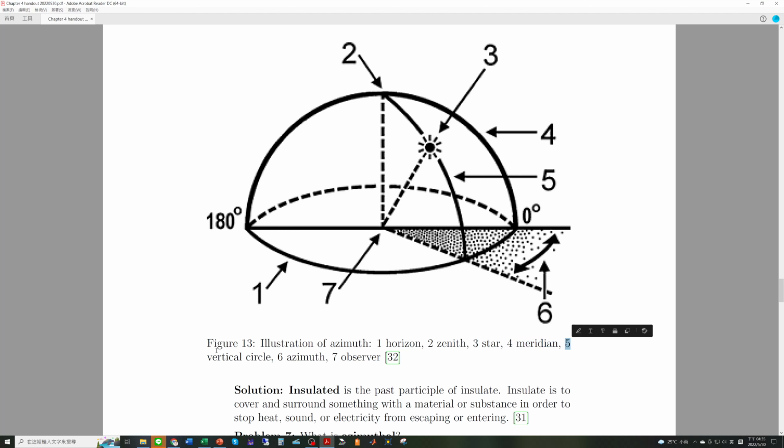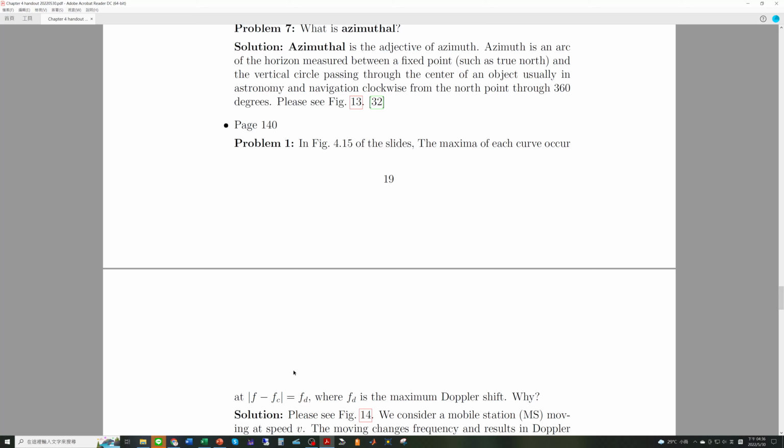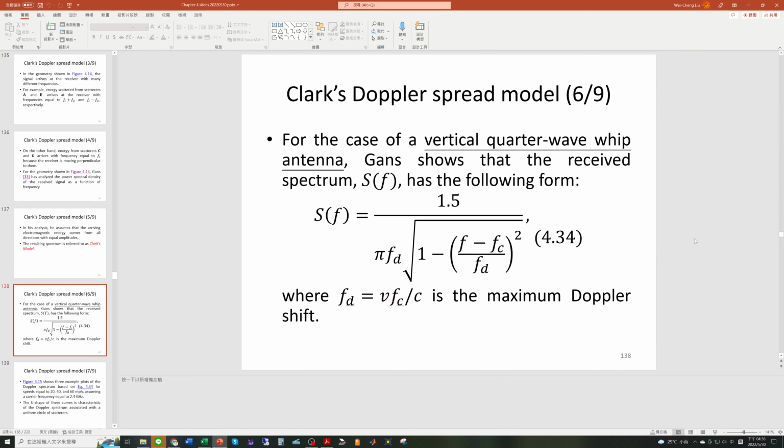Number 5 is the vertical circle. Number 6 is azimuth, this angle. And number 7 is observer, this point. So let us go back to the slides.